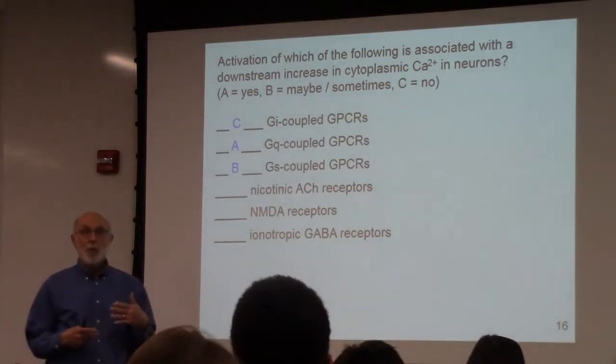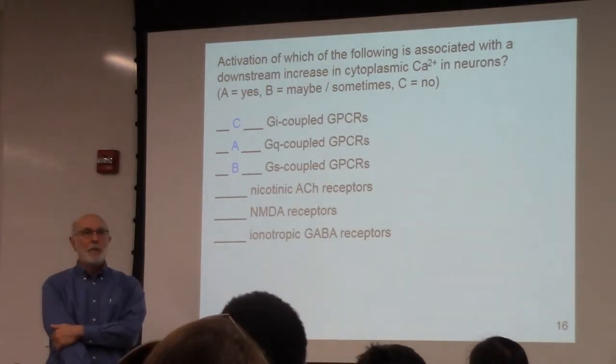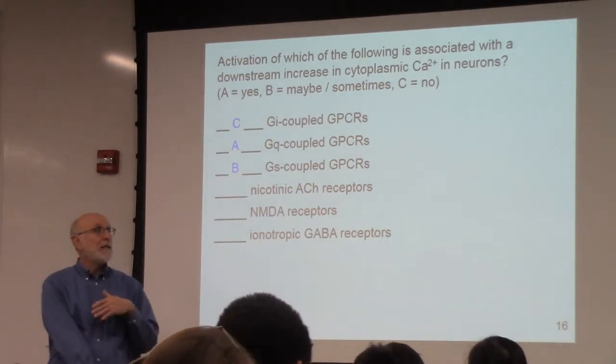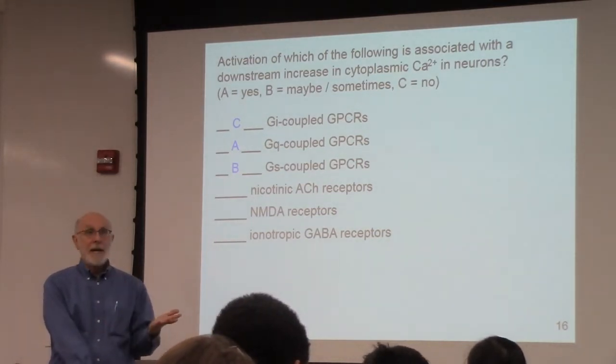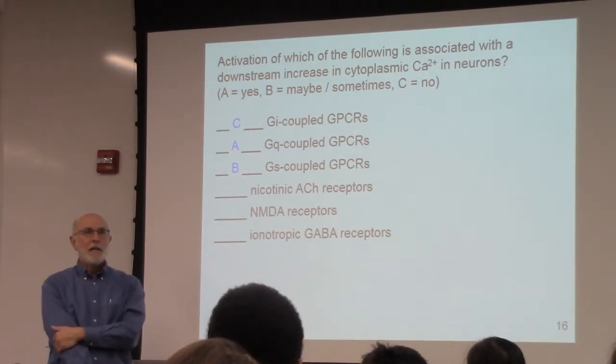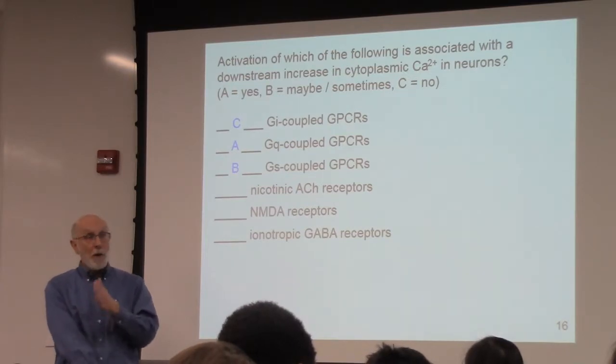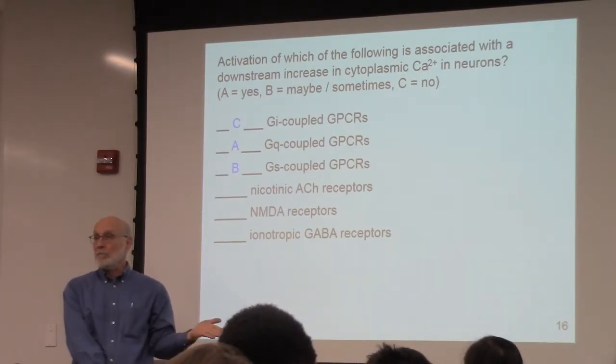Remember, what is the canonical result of activation of a Gs coupled receptor? Activation of adenylyl cyclase, cyclic AMP, PKA. What if PKA were to activate SERCA? Would that cause an increase in cytoplasmic calcium? No, that would cause a decrease in cytoplasmic calcium because SERCA pumps calcium into the SR.